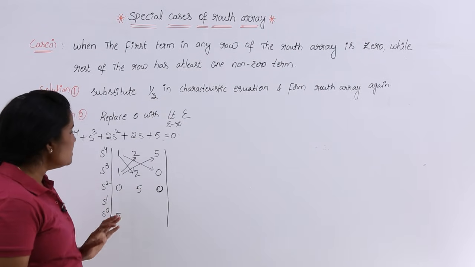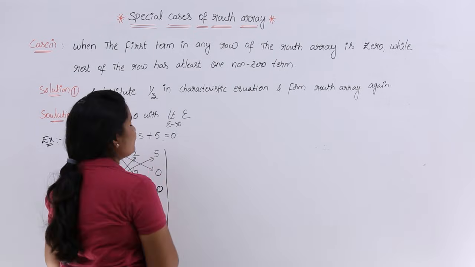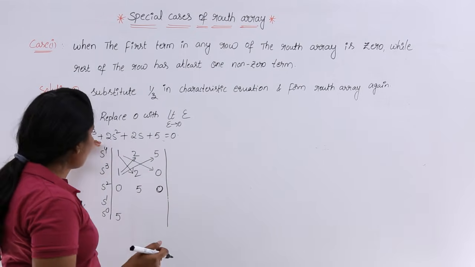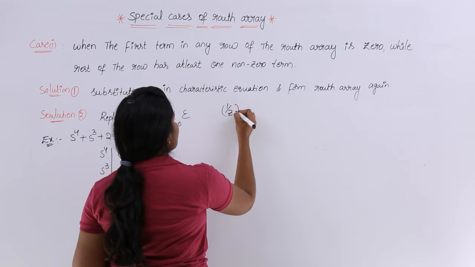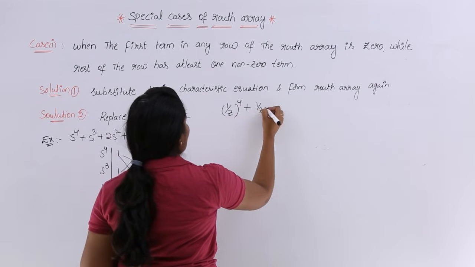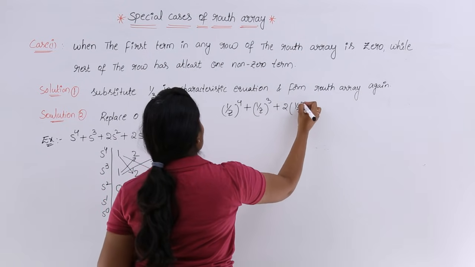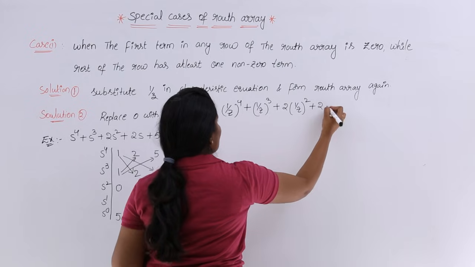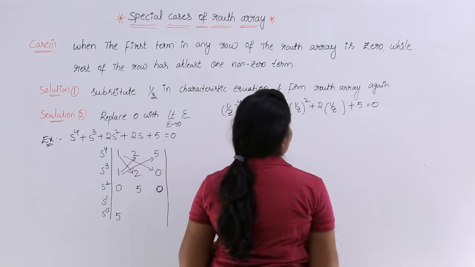So, here I am going to consider 1 by z in place of s. In my characteristic equation, in place of s, I consider 1 by z whole power 4 plus 1 by z whole cube plus 2 into 1 by z whole square plus 2 into 1 by z plus 5 is equivalent to 0.